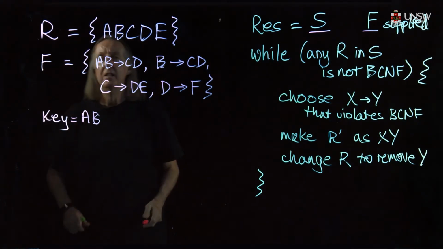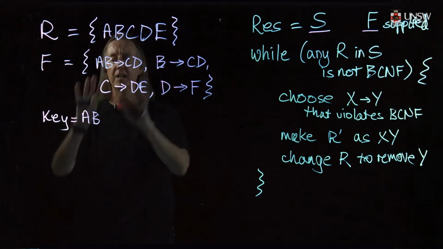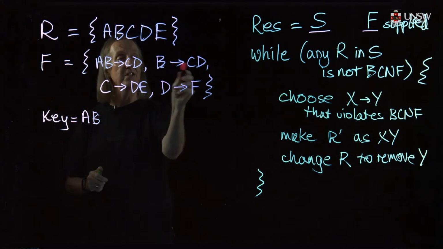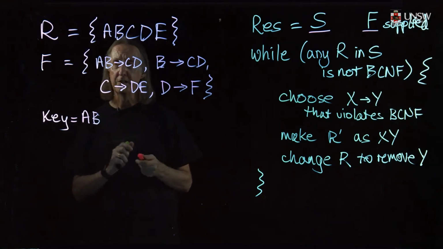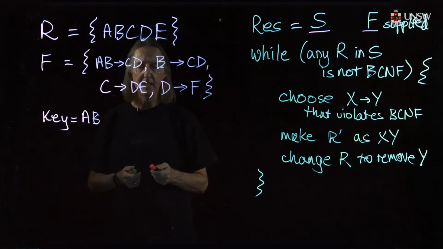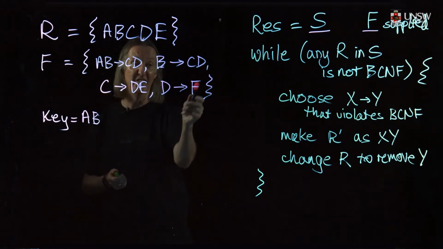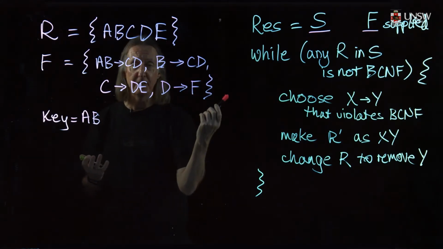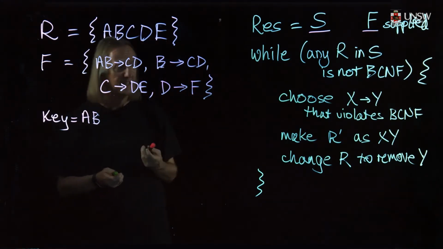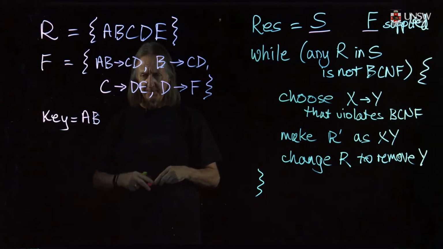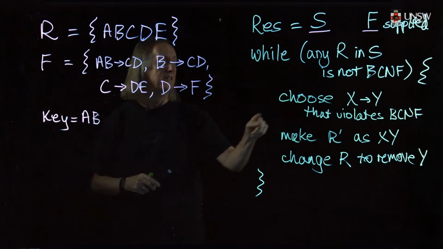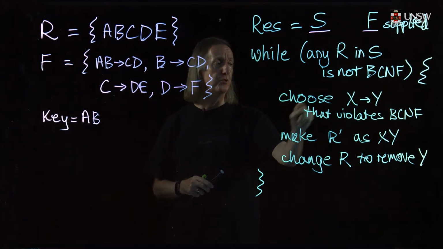All right, now we've got a single table and a key here, and it's clear that there are some functional dependencies that don't involve all of the key on the left-hand side. And an obvious one is this one, which doesn't involve any part of the key on the left-hand side. So that's the one we're going to choose.